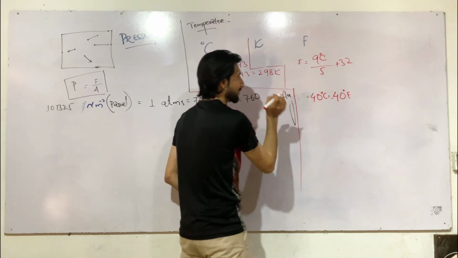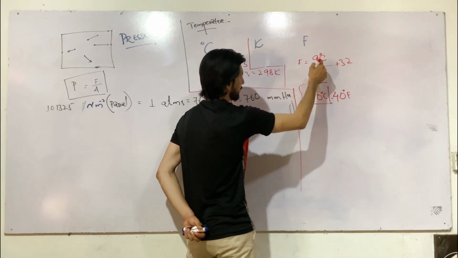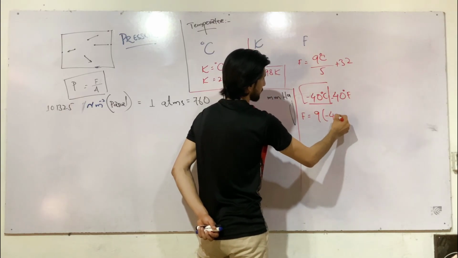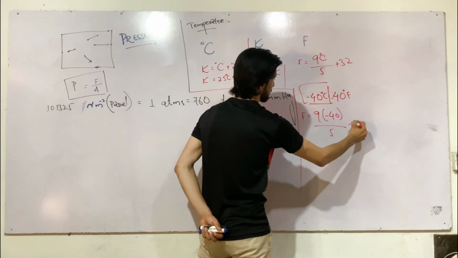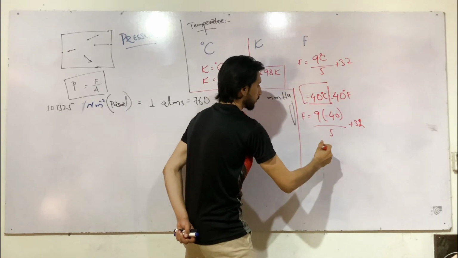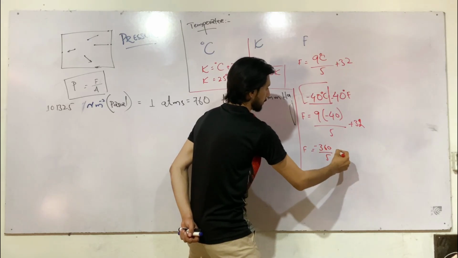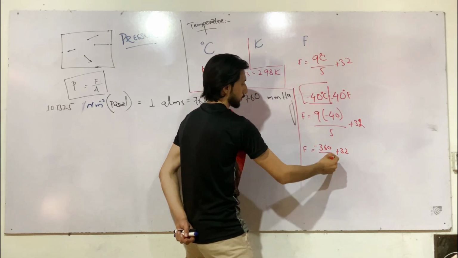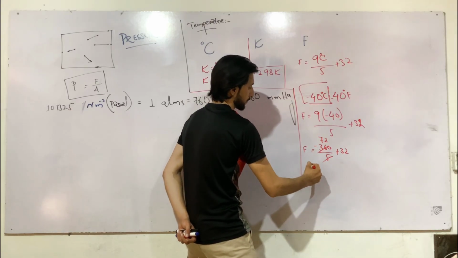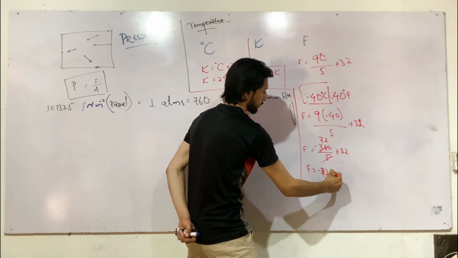We can do the calculation. Suppose I put minus 40 degrees Celsius in this equation. F equals 9 times minus 40 over 5 plus 32. 9 times 4 is 36, so 360 over 5. 5 times 7 is 35, 10, 5 twos are 10, so from this side I'm getting minus 72, minus 72 plus 32.